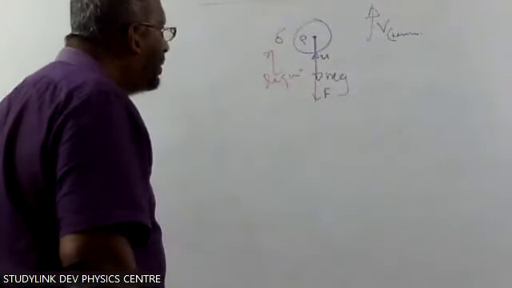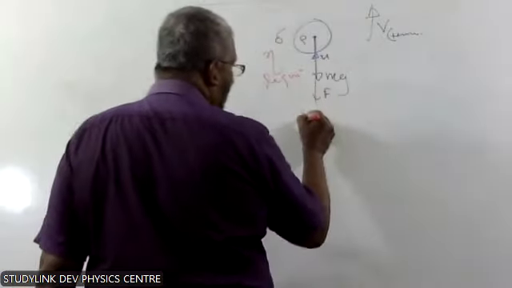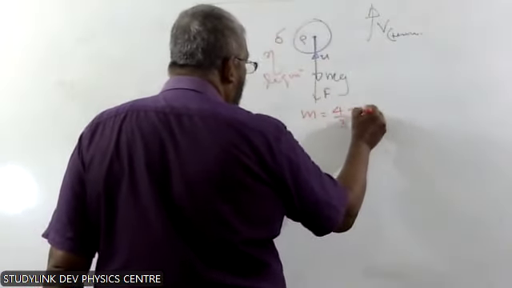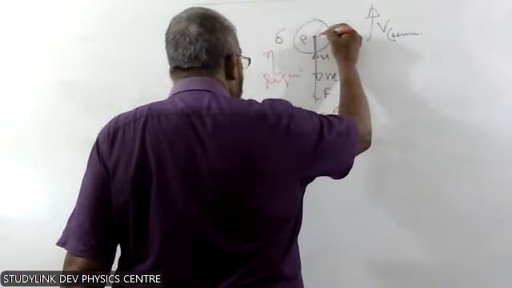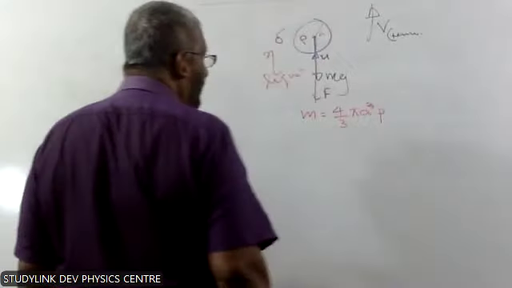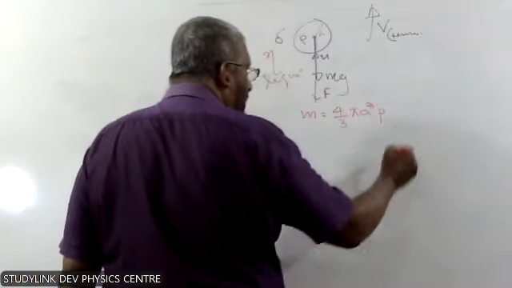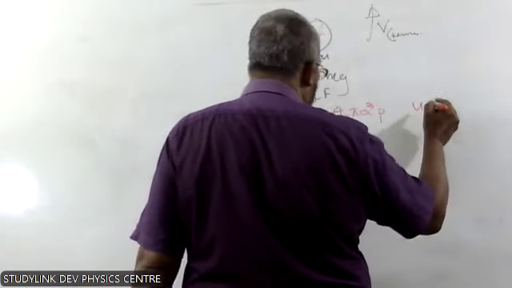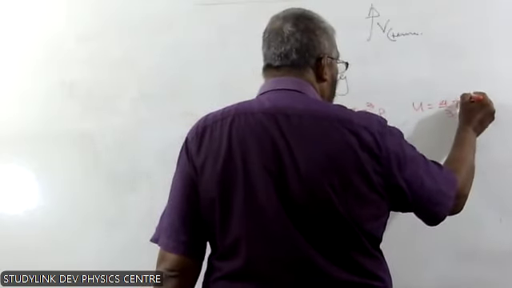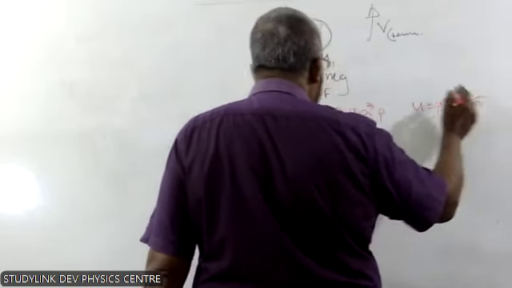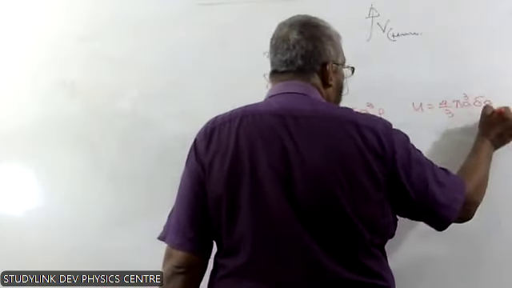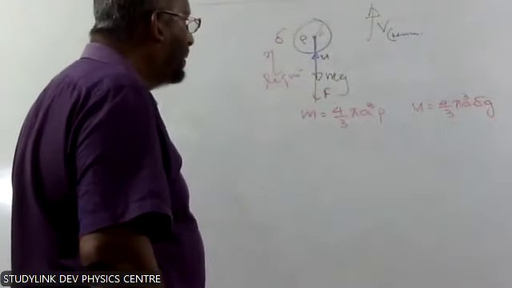Directly I am writing m is equal to 4 by 3 pi a cube rho. Upthrust U is equal to 4 by 3 pi a cube sigma into g, where sigma is the density of the liquid, the weight of the liquid displaced.